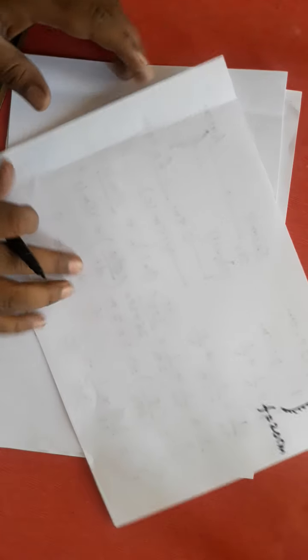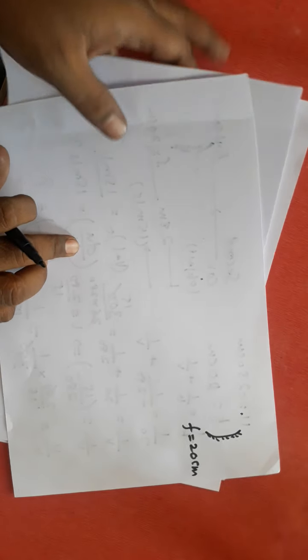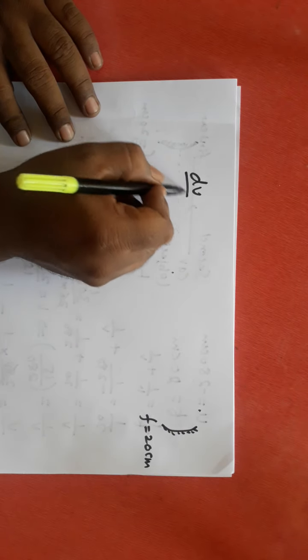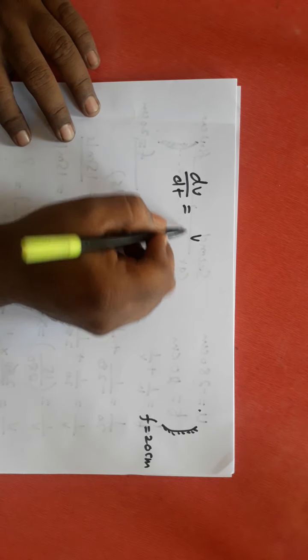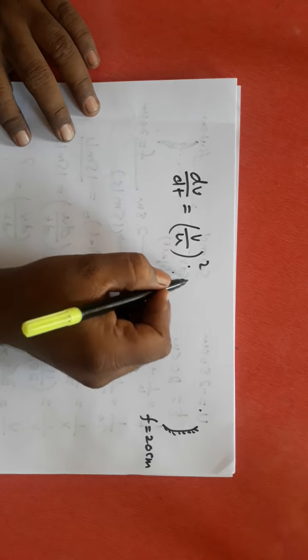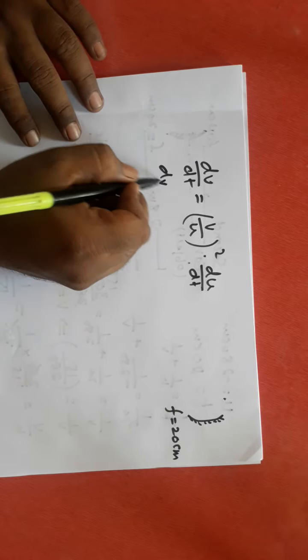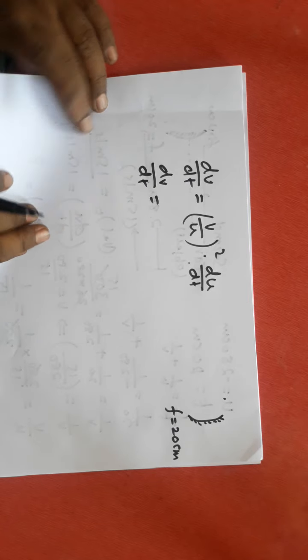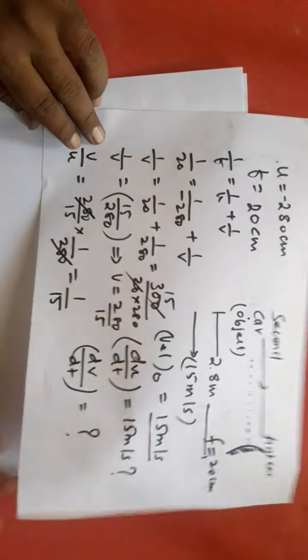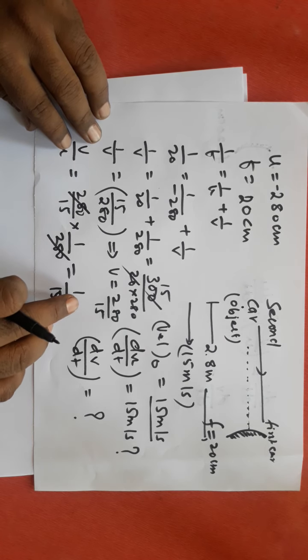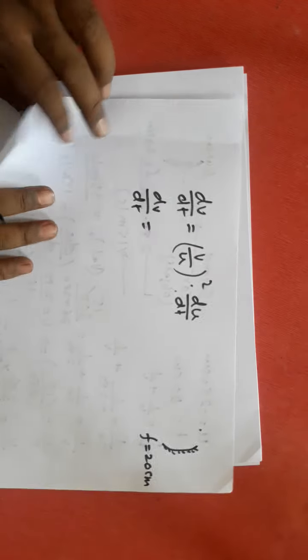Now it is very easy to find the speed of the image. I know speed of image dv by dt is equal to (v by u) whole square into speed of object. V by u is 1 by 15.